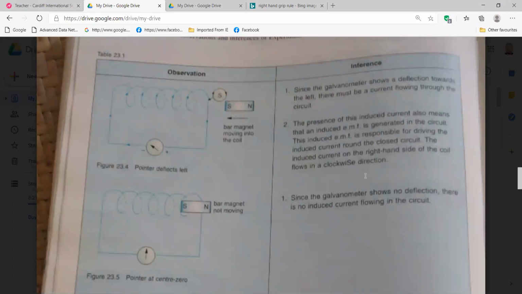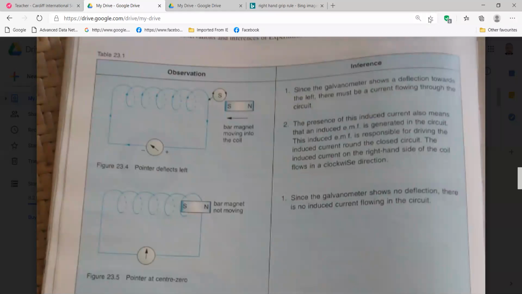At the beginning of today's class, when Ziba was alone, I mentioned one rule, that is the right hand grip rule. And we learned the right hand grip rule in topic 17, that is magnetism and electromagnetism.